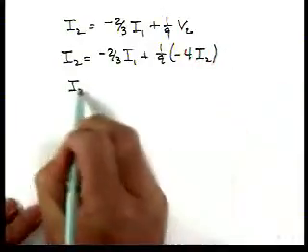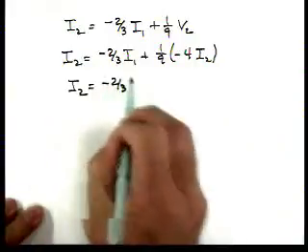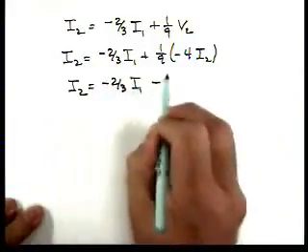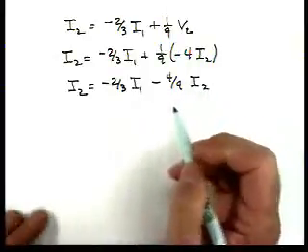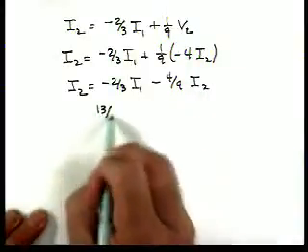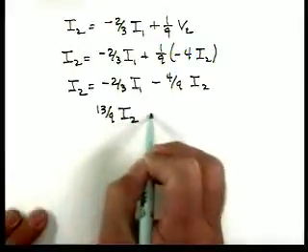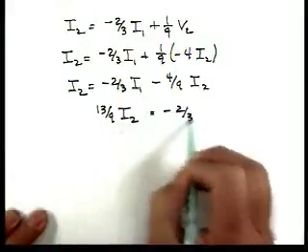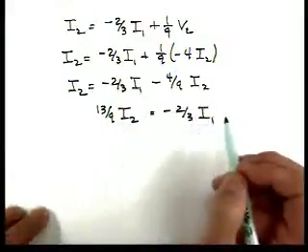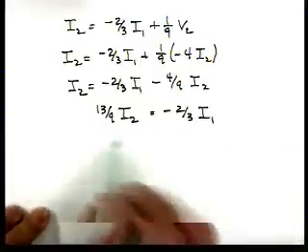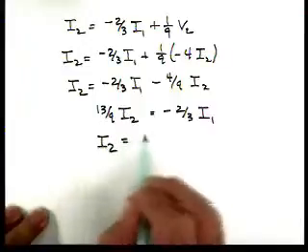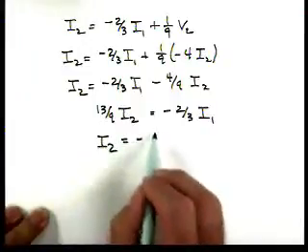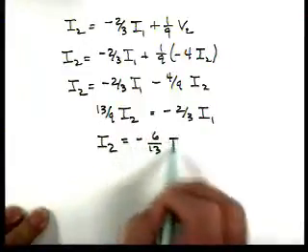So we have I2 equals minus 2/3 I1 minus 4/9 I2. So now we have 13/9 I2 is equal to minus 2/3 I1. And if we manipulate this, we get I2 is equal to minus 6/13 I1.